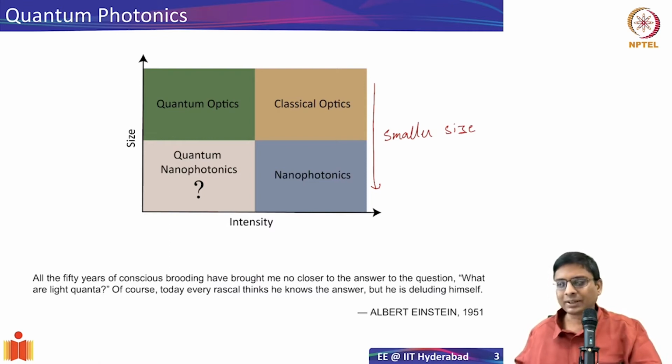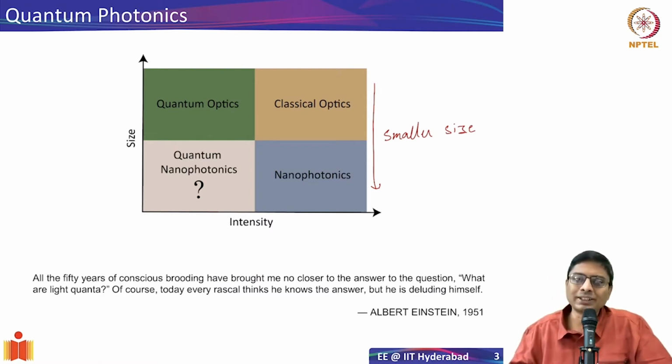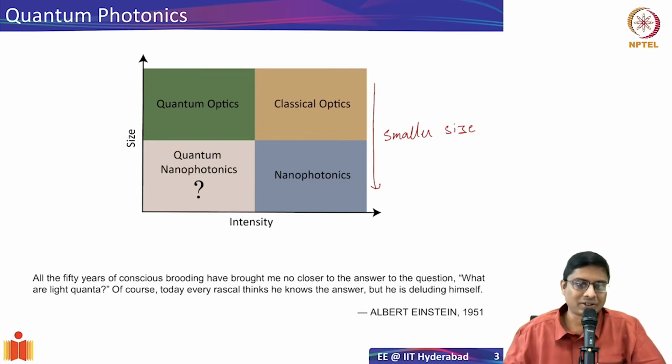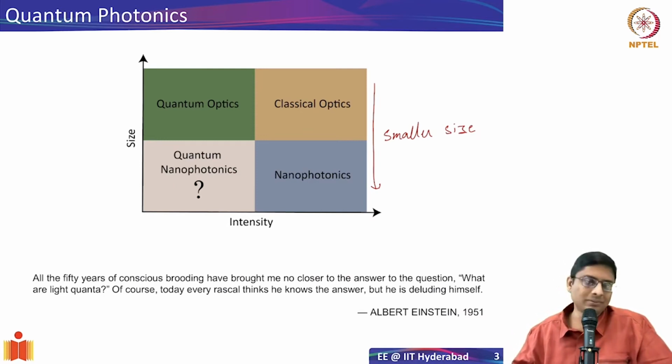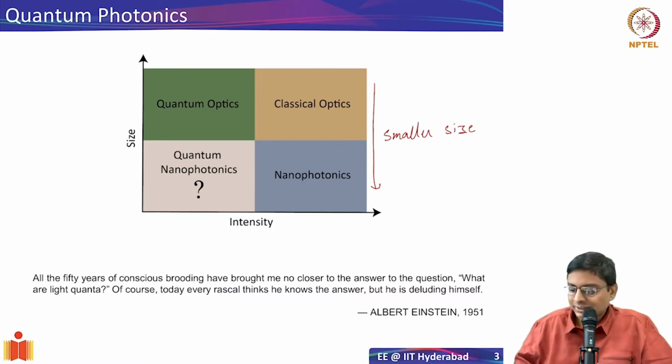Now, in the last 30 to 40 years, there has been another direction investigated in the optics community, which is to move from classical optics to quantum optics. This happens when you reduce the intensity of light.